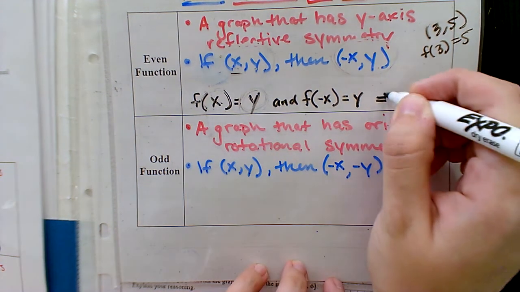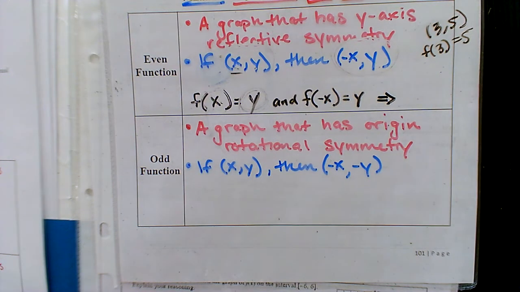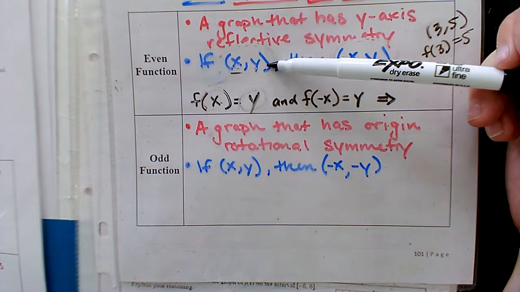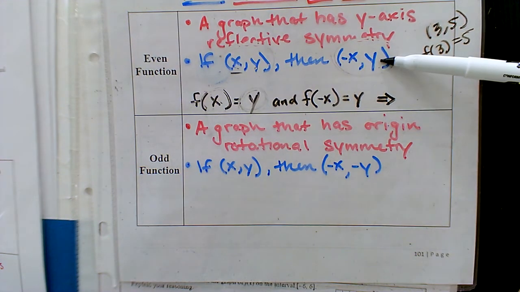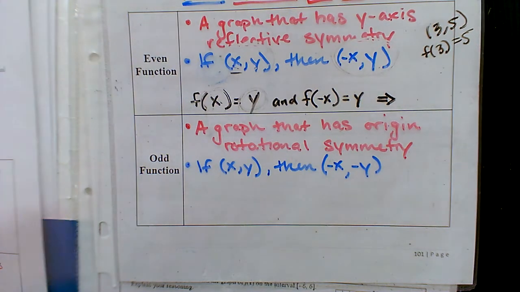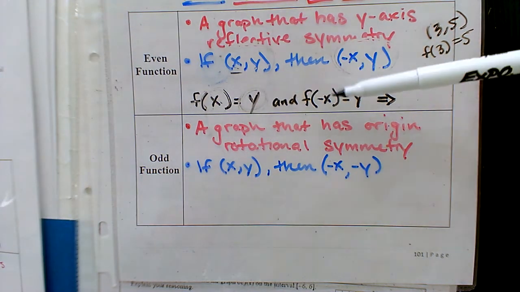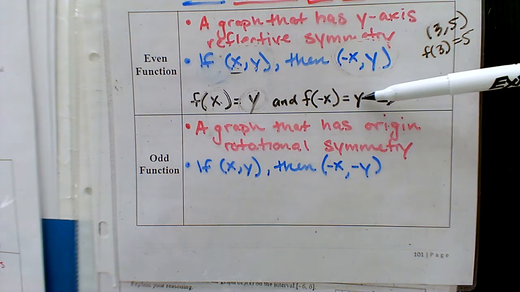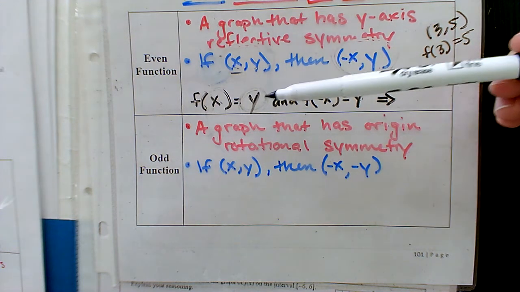So what I want to try to do is merge these two ideas together, because we know if this point is on the graph, then so is this one. If you have y-axis, aka even symmetry, do you notice how based off of these two function notations, they both equal y?